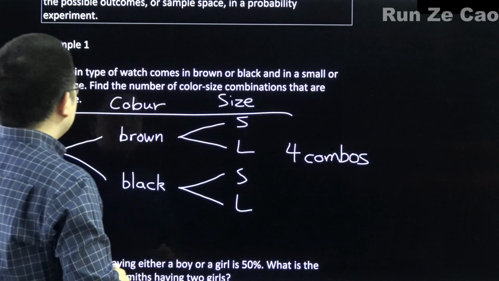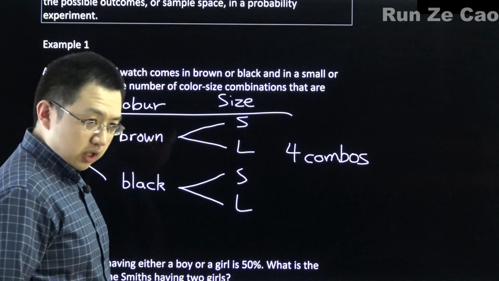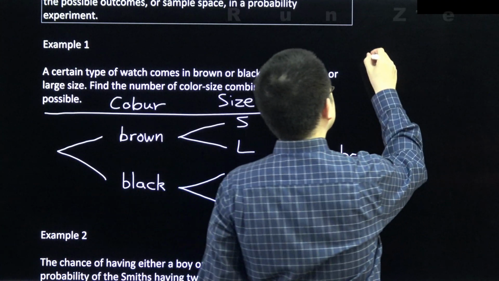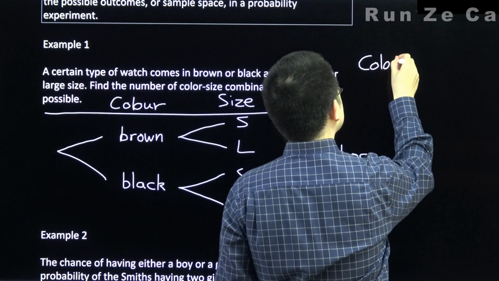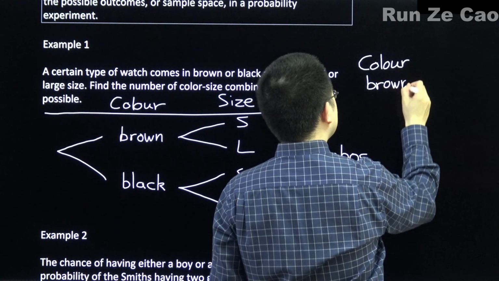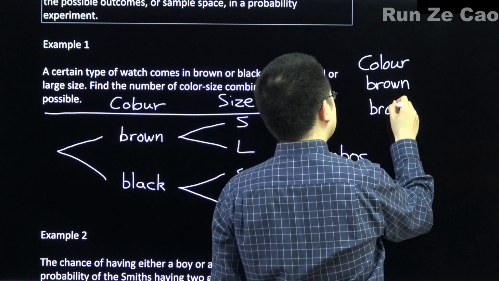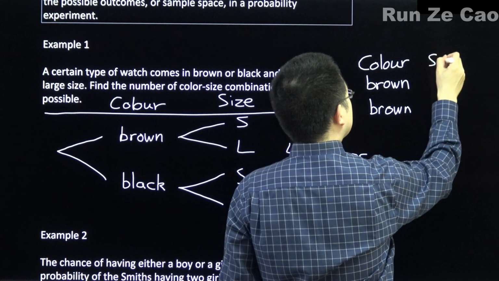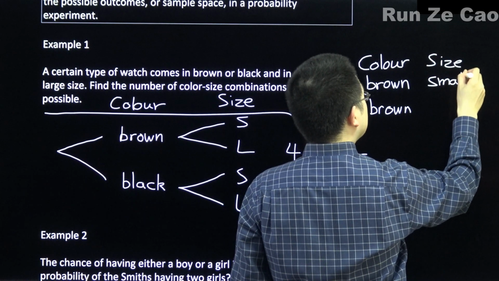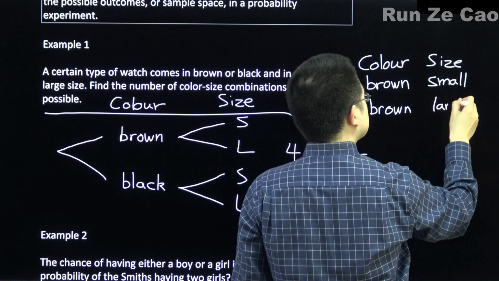Okay, guys, if we wanted to make a table version of this, there are 2 style options we can have. Like say brown, and size small, large.